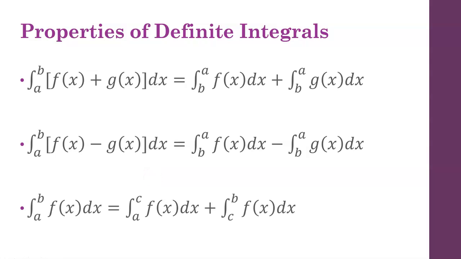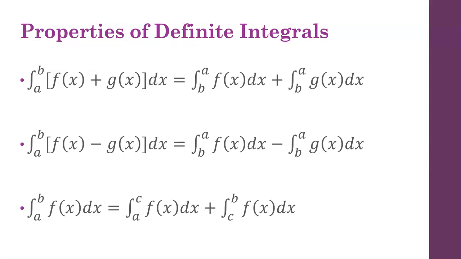So the next property says if I am integrating a function from a to b, I can pick any value c that I want and integrate the function from a to c first, and then from c to b separately, and then add the results. And c could be any number. If that value is between a and b, it should be obvious.